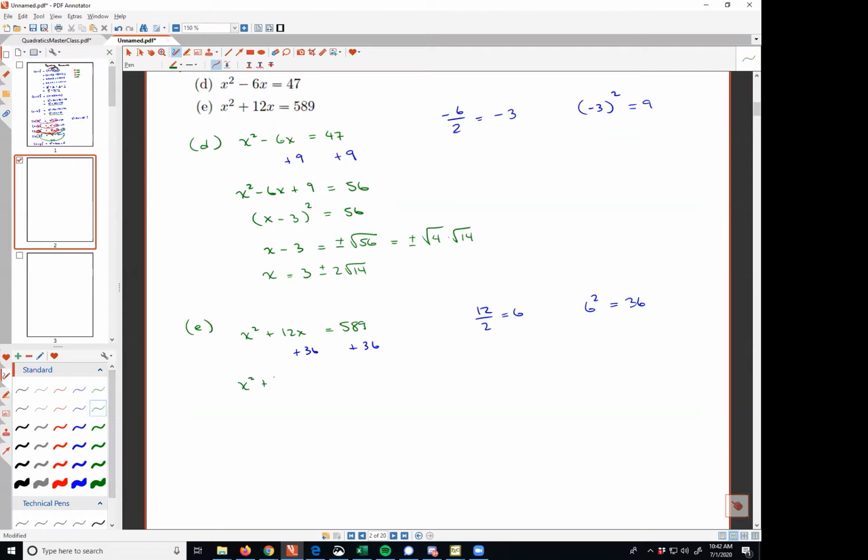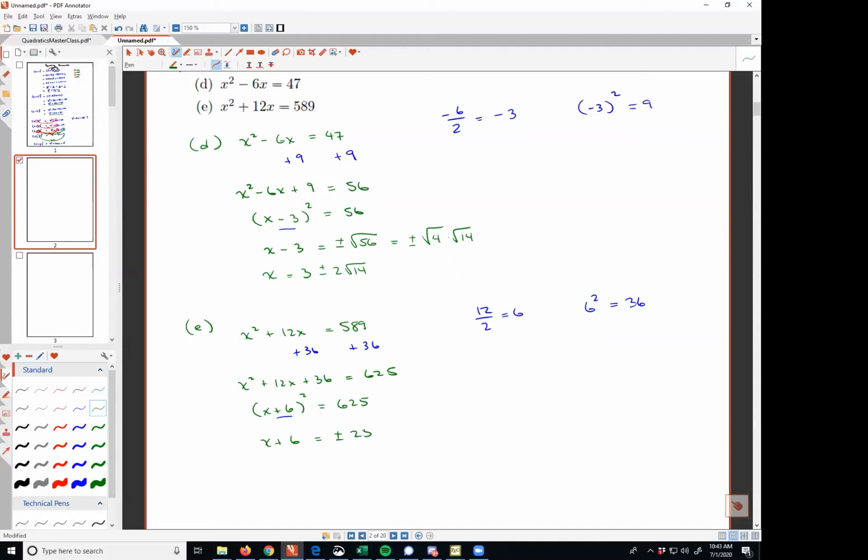And on the left-hand side, we have x squared plus 12x plus 36. And on the right-hand side, we have 625. The left-hand side is x plus 6 squared. There's that 6. And what is the square root of 625? 25.